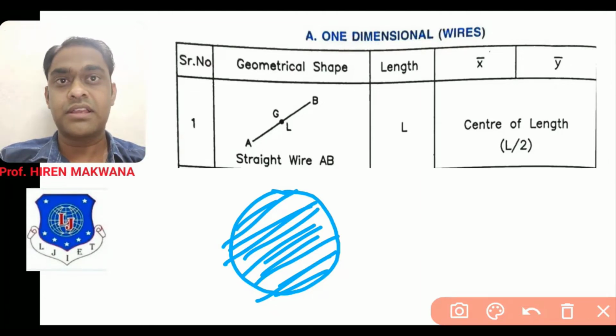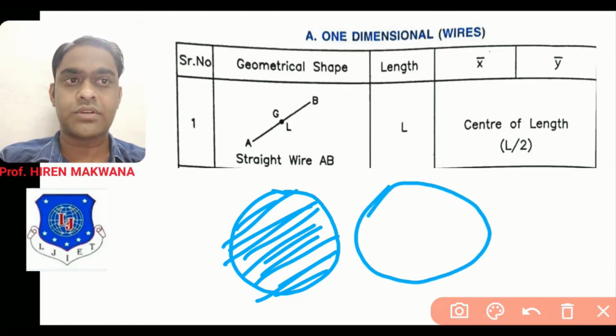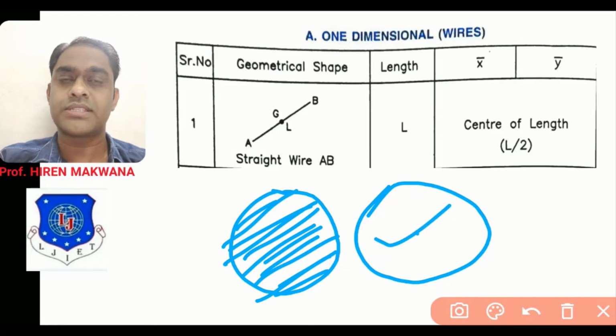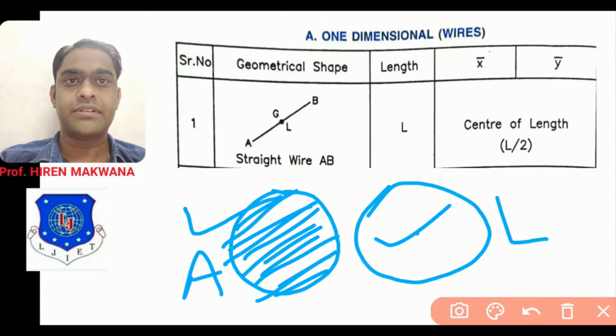But if it is a circular arc, then it will be looking like this only. Means you can imagine that air can pass through this circle. Air cannot pass through this circle. So this is area and this is length. Okay, so it is the difference between area and length.